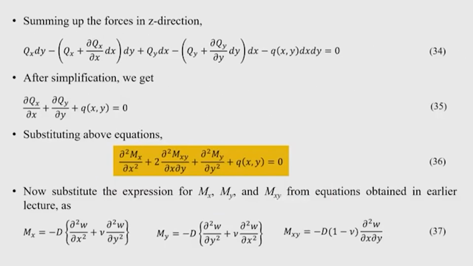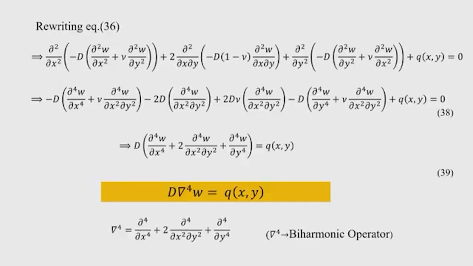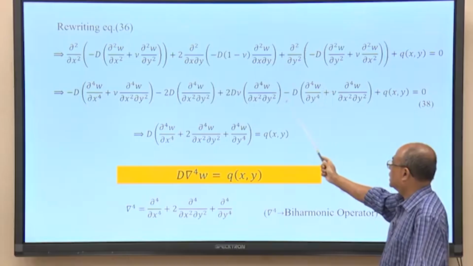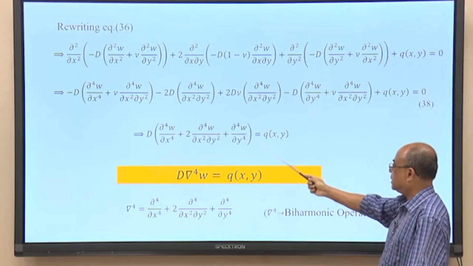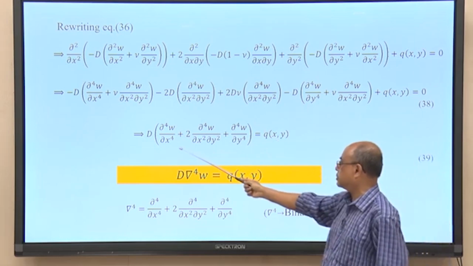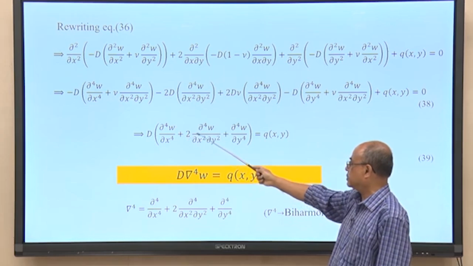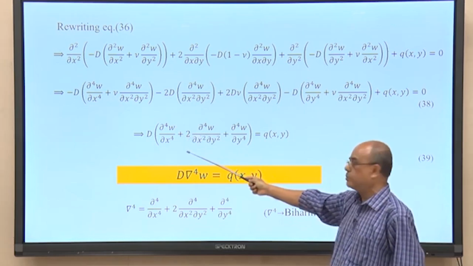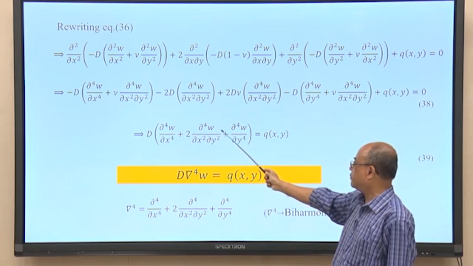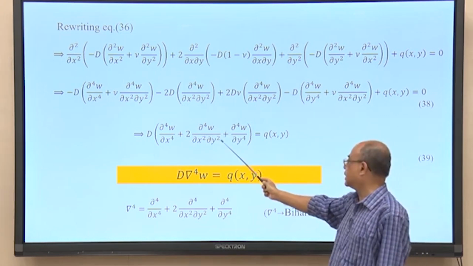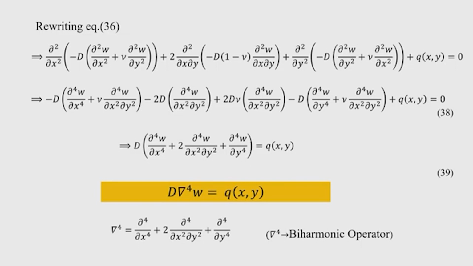Rewriting equation 36 involving this curvature expression, we will get this expression, and after doing some algebra, we ultimately arrive at the equation of the plate, flexural rigidity D multiplied by del to the power 4 w by del x to the power 4 plus 2 del to the power 4 w by del x square del y square plus del to the power 4 w by del y to the power 4, bracket closed, equal to q(x,y).